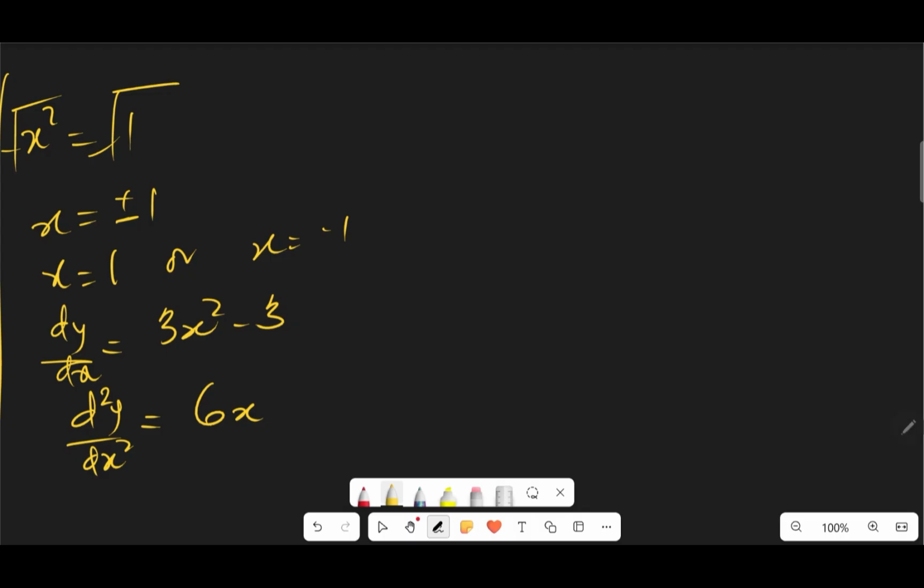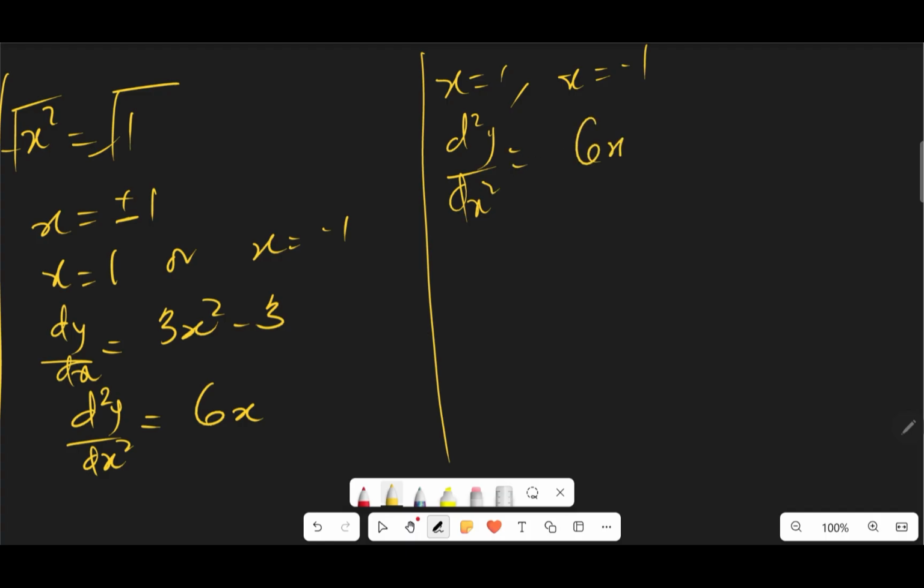So now we are going to put the values of x that we got into d squared y over dx squared. So remember, we got x is equal to 1 and also x is equal to minus 1. And d squared y over dx squared is equal to 6x. So let's put each of them in.